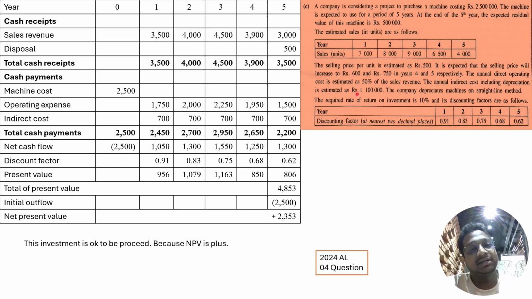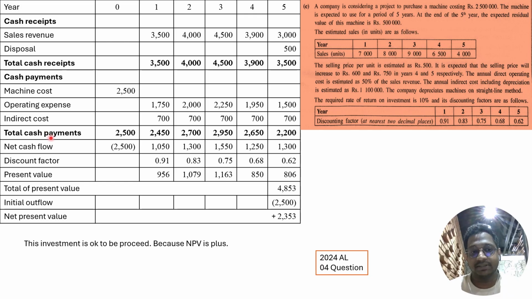And when you're finding the depreciation, the cost of the machine is 2,500. There is nothing about the direct payments. And 2,500 minus the disposal value 500 and then divided by 5. So your annual depreciation here is 2,000 divided by 5, 400, right? So from 1,100, you have to minus 400, then you are getting the indirect cost.